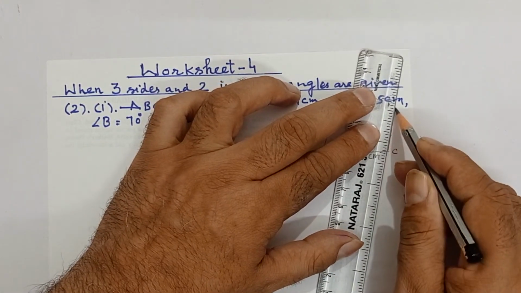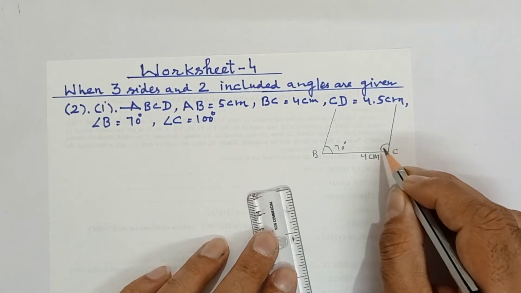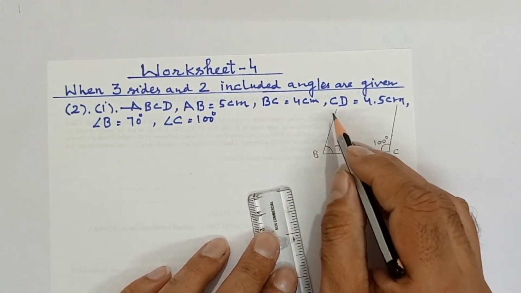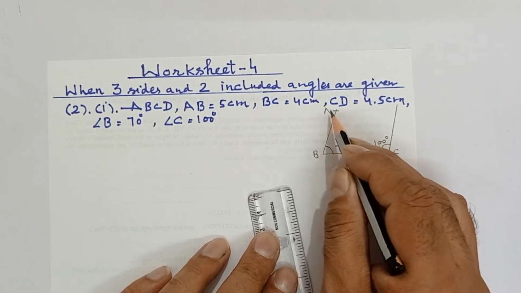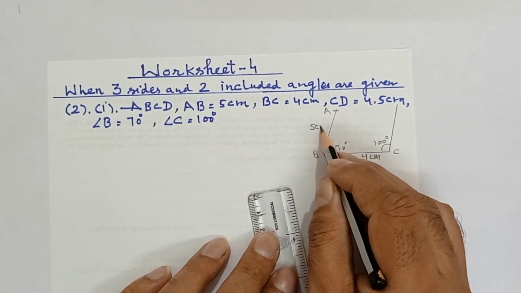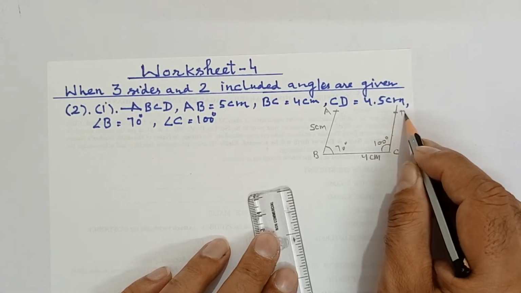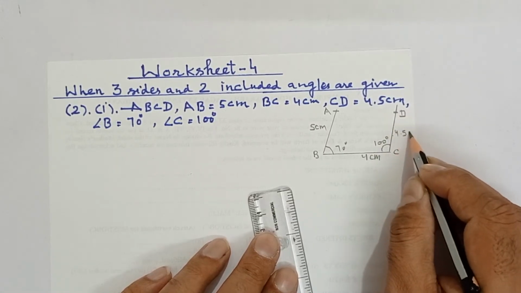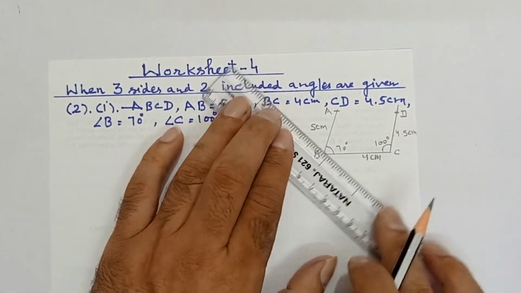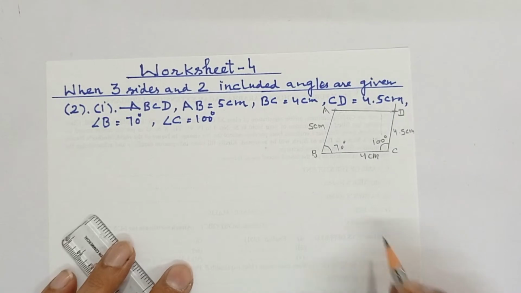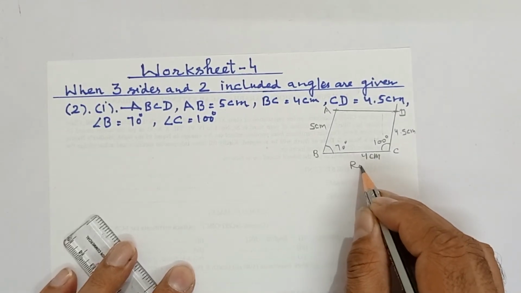It will also come little outwards, 100 degree. How much is AB? AB is 5 centimeter, that will come here. And this is CD. CD is 4.5 centimeter, and ultimately you are to join this AD. So quadrilateral will be constructed. This is rough sketch.